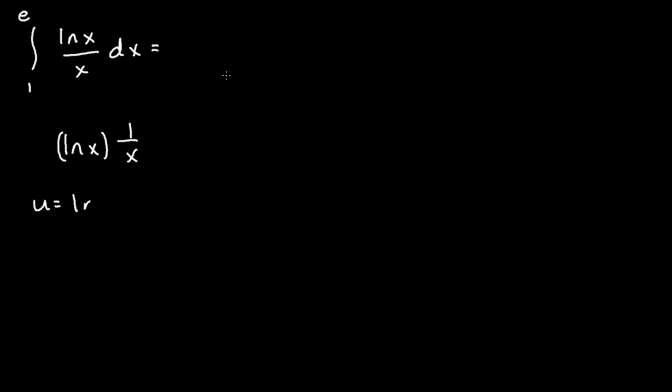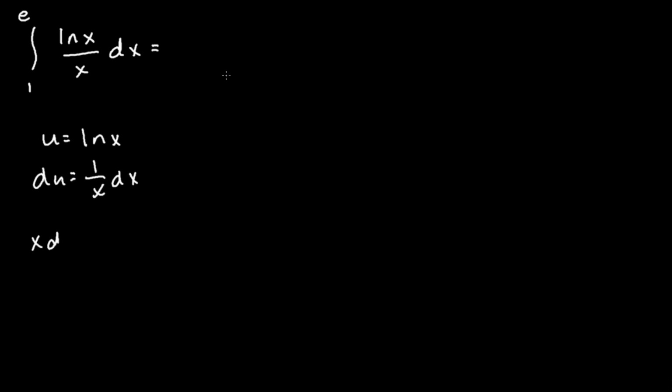So right now, u is equal to ln of x. du is 1 over x dx. That's what we have. And if we isolate dx, we get x times du is equal to dx.